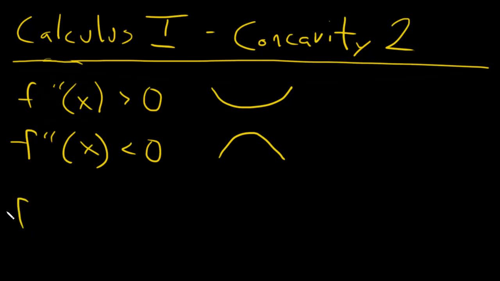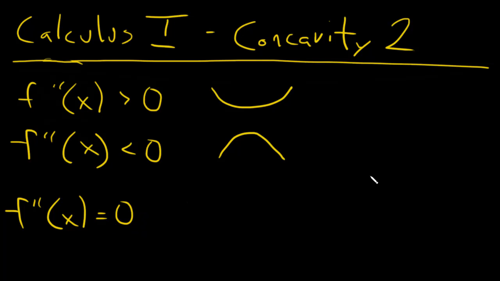What do I have when f double prime of x equals 0? Okay, so the way to think about this is to use the analogy that's in the f prime of x function.